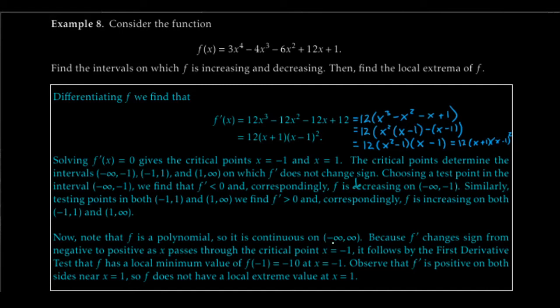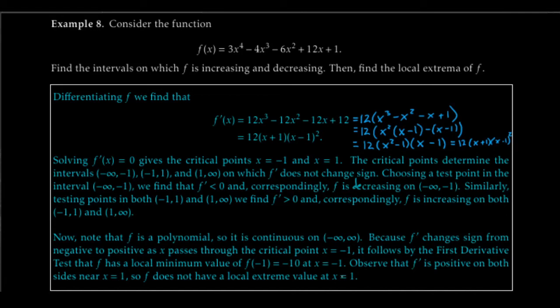The first derivative test tells us that f has a local minimum value at negative 1. Plug it on in, we'll get f of negative 1 is minus 10. Okay, so we can also notice that f prime is positive on both sides of the critical point x equals 1. So f does not have a local extreme value at x equals 1.